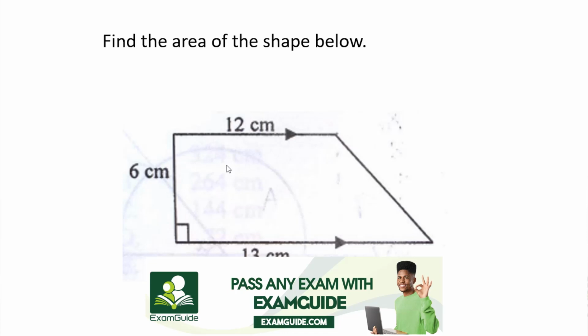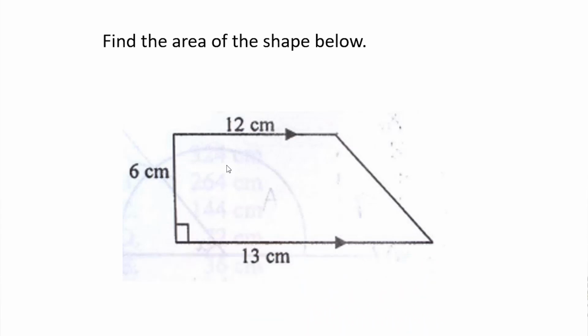Now, like I told you in the last video you saw on plane shapes, the pattern of this particular class is that sometimes your examiner will not tell you that this is this particular plane shape. They expect that you know how to draw the plane shape, or when you see the plane shape, you should be able to identify what type of plane shape it is. This is a rectangular trapezium.